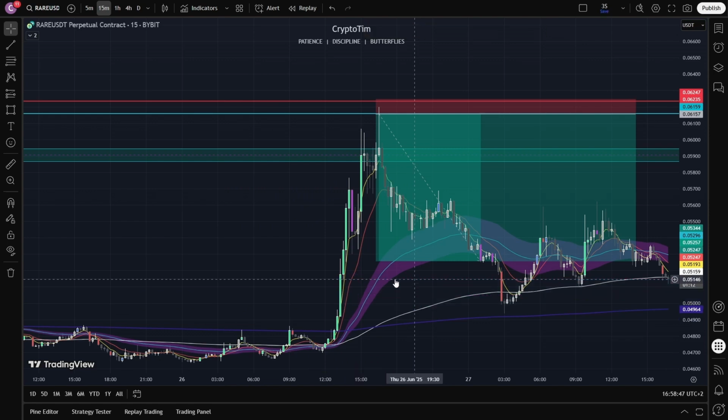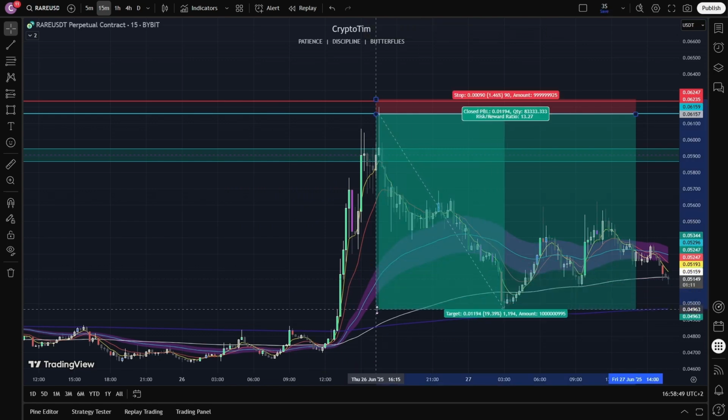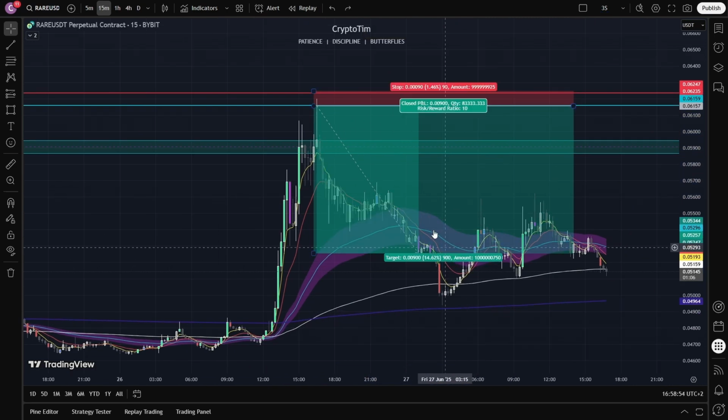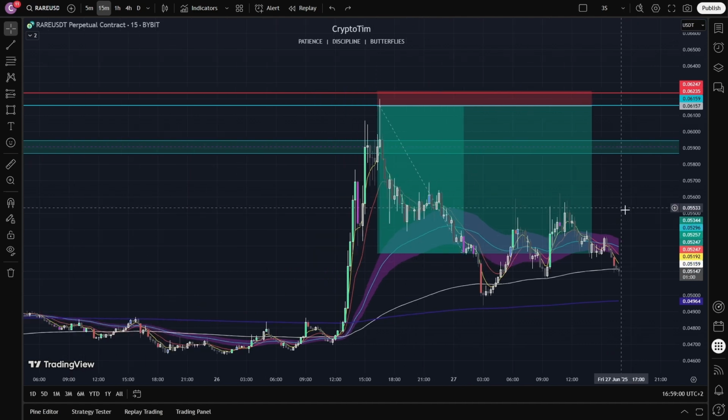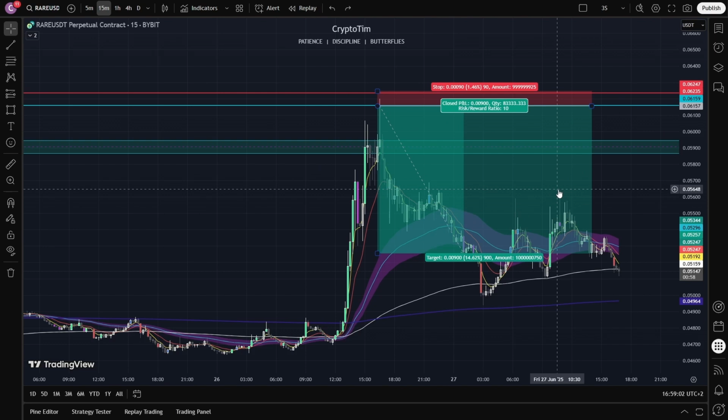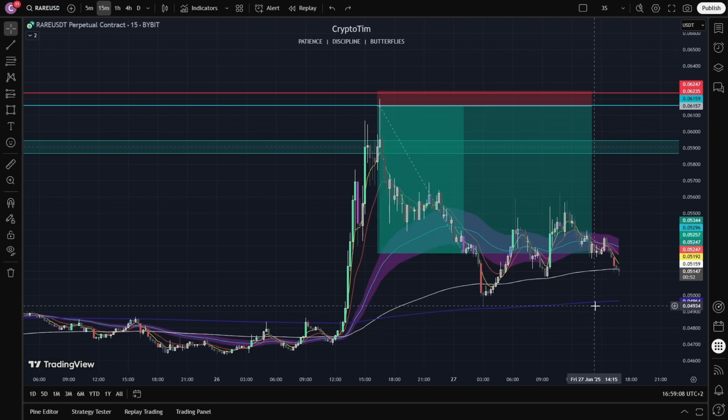We could have targeted this full recovery of the fair value gap, which would have been a 13R trade setup, but I think we can be quite happy with the 10R already. It's quite rare to find trades that are so big or where everything aligns so perfectly that we can try and reach a 10R, let alone a 13R setup.